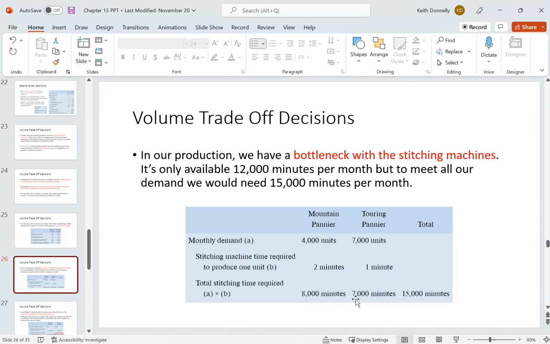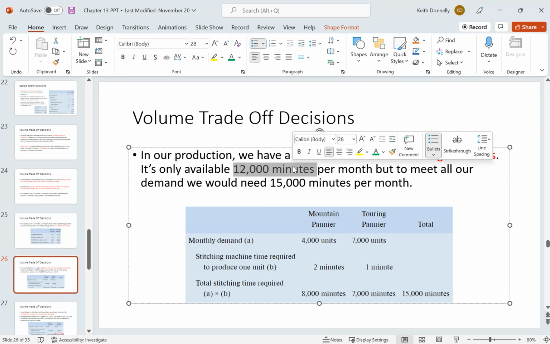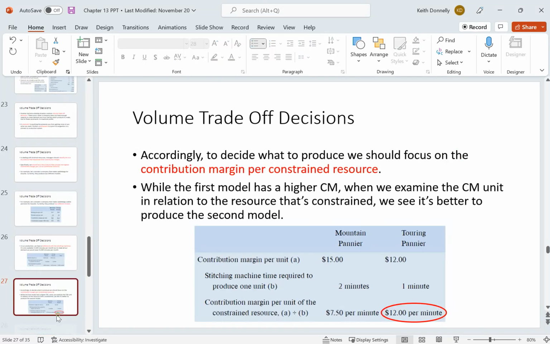So if you take the 4 plus the 7, to meet all of our demand, people want to buy 11,000 units. In order for us to meet it, we would need 15,000 minutes on the stitching machines. However, our current stitching machines can only produce 12,000 minutes a month, right? So that's why this is a constrained resource.